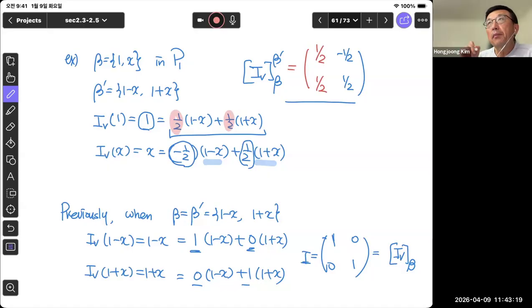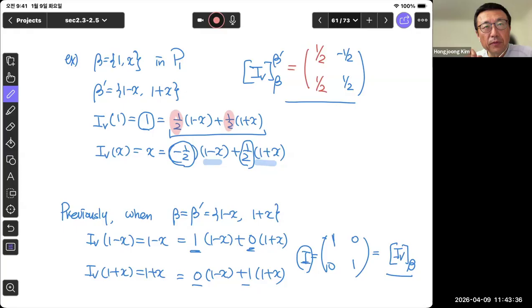So when beta and beta prime are the same, the matrix representing the identity transformation will always be the identity matrix, even though the basis is not the standard basis.